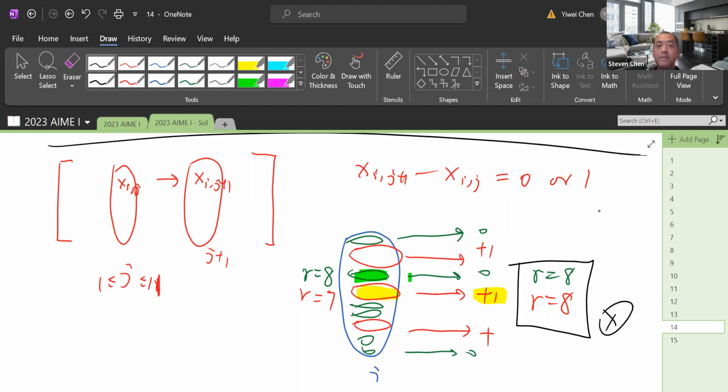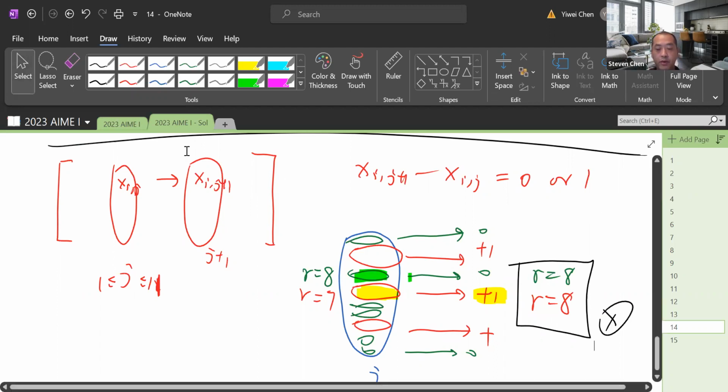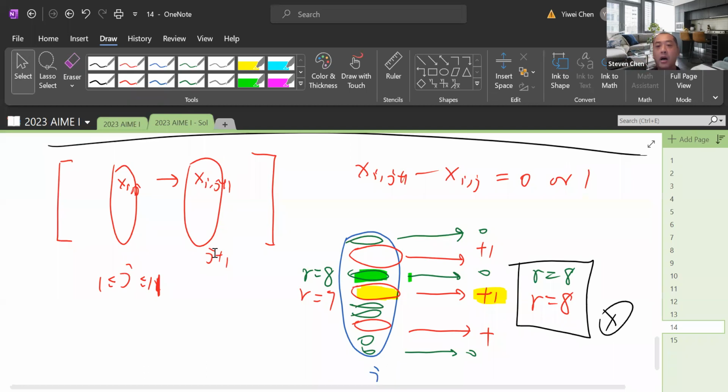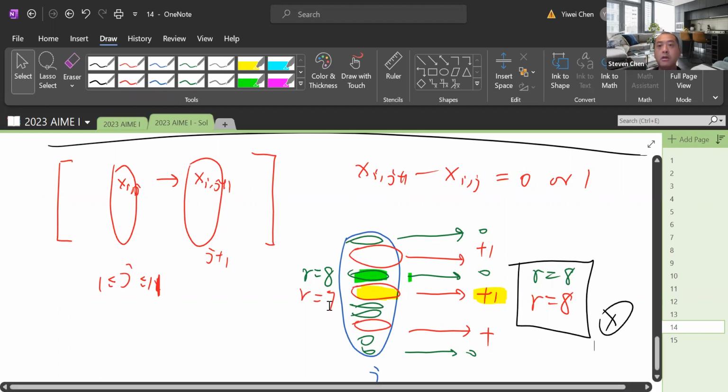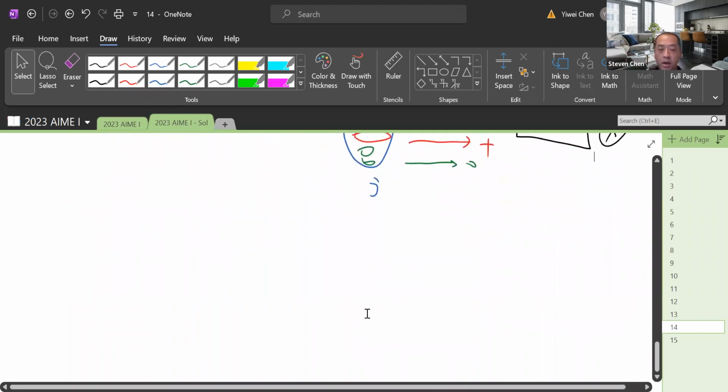Okay, so basically this finishes the proof of this fact that when we move from any column J to its right neighboring column, we have to make a synchronized movement, which means that either all entries are increased by 1 or all entries remain the same. Sounds good? Okay.